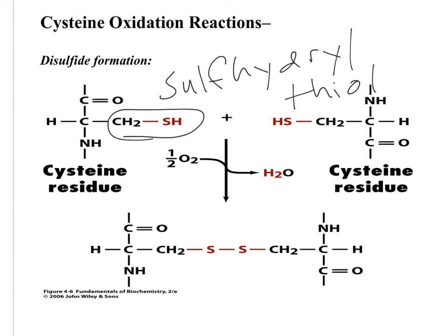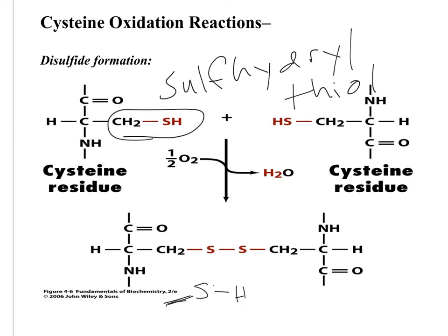And this is a covalent bond, but it is readily reversible in the presence of other sulfurs, so thiols, for instance. So I'll give you an example. If I had another thiol here, and so this could be another cysteine, it could be another small molecule.